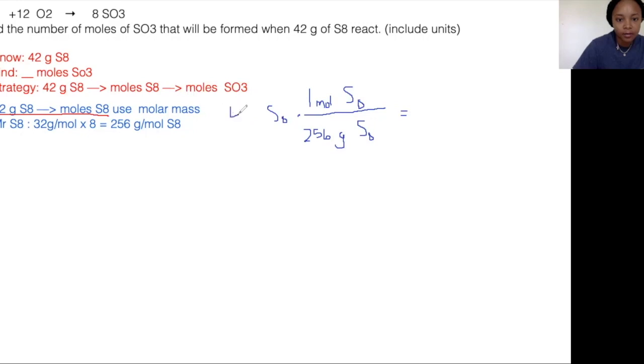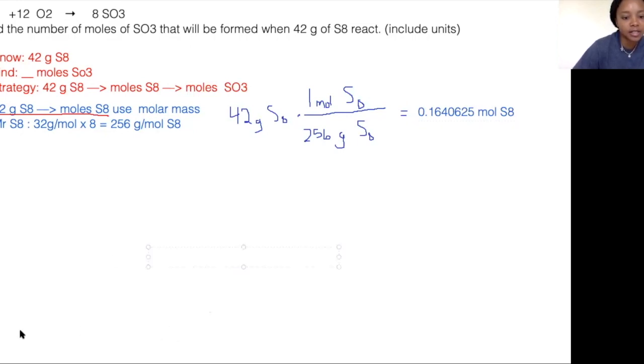You get 0.1642625. And then what are my units? Moles of S8. It's really important that we keep track of the units, or we're gonna get confused.